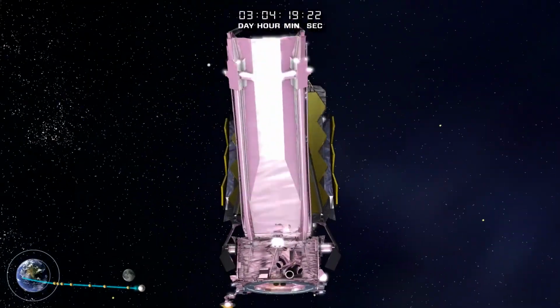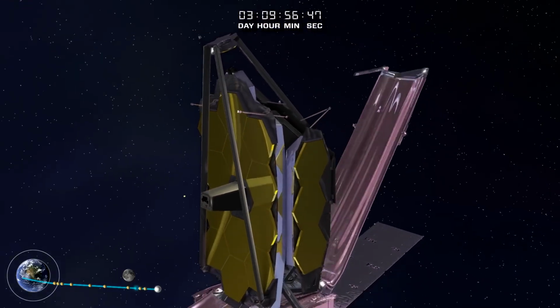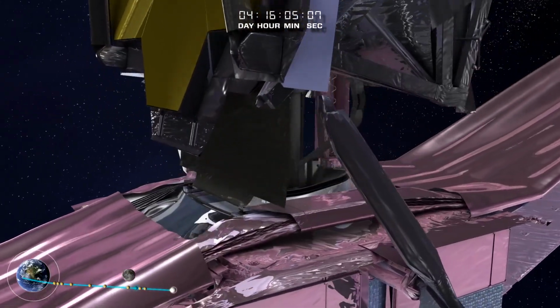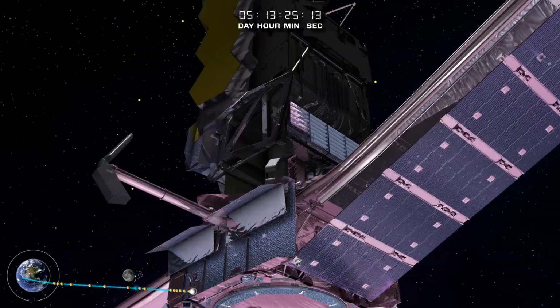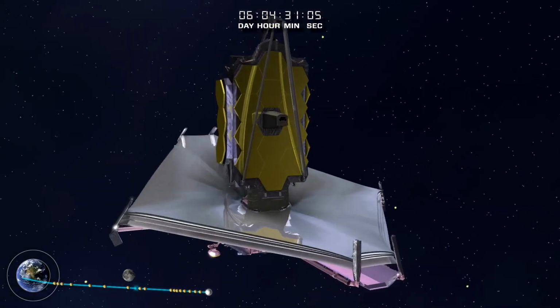They augment all of our testing to fill in the missing blanks or provide the missing puzzle pieces for those system interactions and all the things we can't quite test for on the ground. We rely heavily on these computer models, and that's what really gives us a lot of confidence. Those simulations, along with our pretty extensive test program, give us the confidence that everything's going to work at launch.